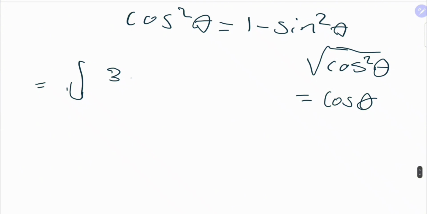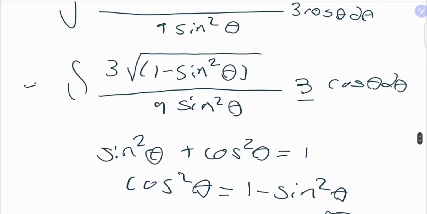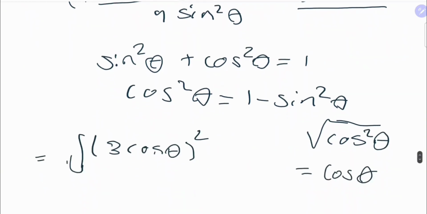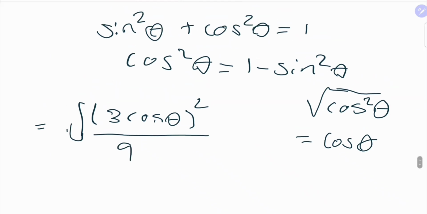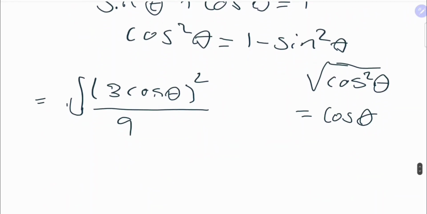So 3 times cosine theta, and then we can feel free to square it, as this part here is multiplying this part. So we'll square that, and then over 9 sine squared theta. Then d theta.